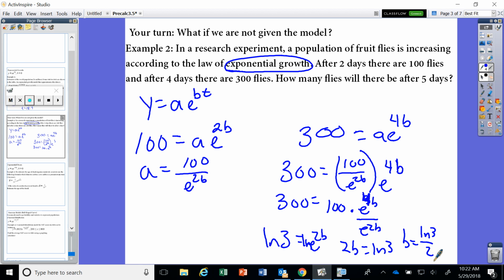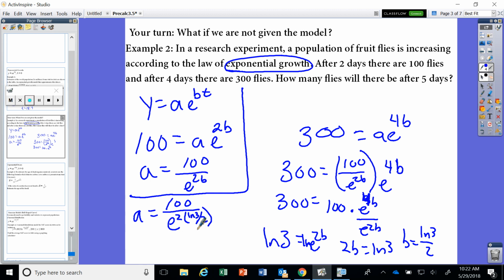So now we can go back into our original equation for a and say a is equal to 100 over e to the 2 times the natural log of 3 over 2. And this will allow us to solve for A specifically.